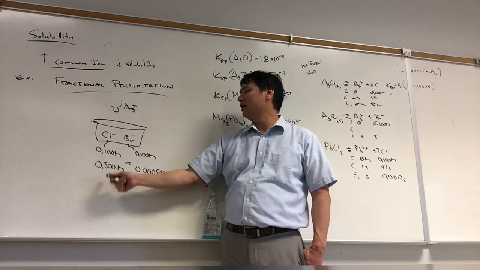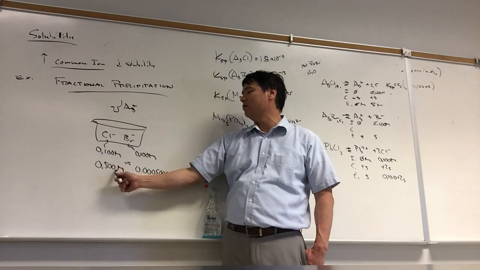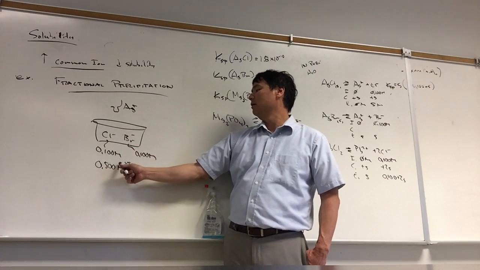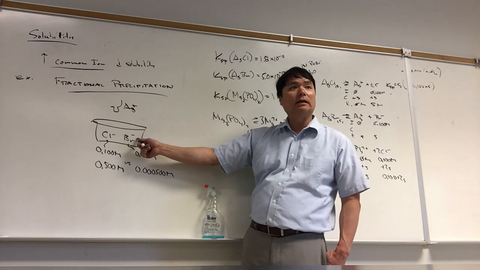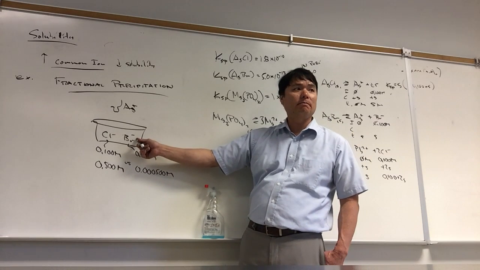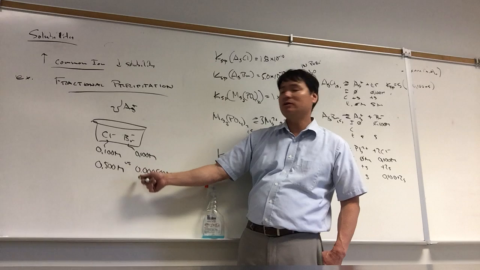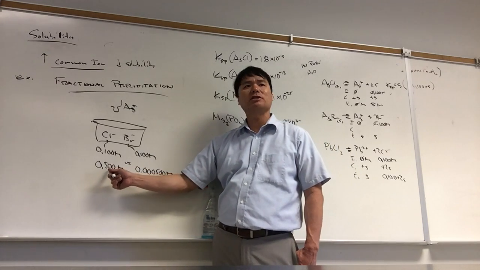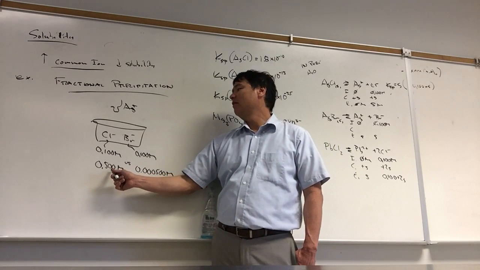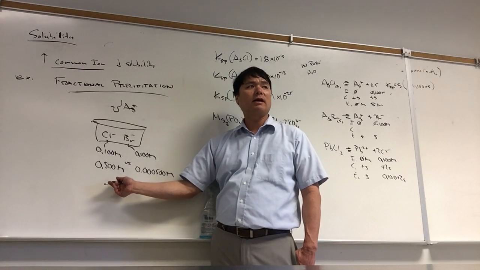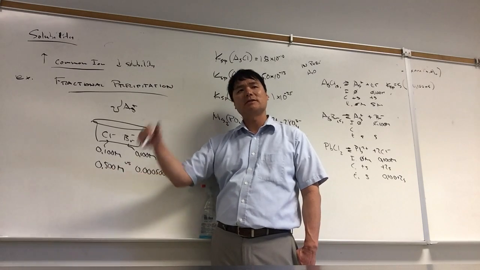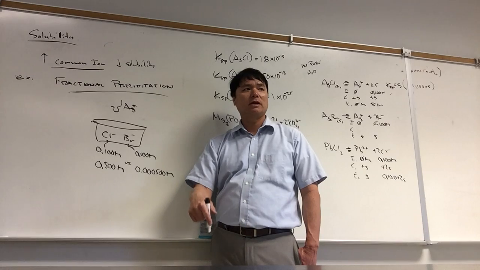But if I have 0.500 molar chloride versus 0.000500 molar bromide, which one is more soluble? Now that becomes a tricky question, because I have much more common ion for chloride than for bromide. If I have more common ion for chloride, its solubility goes down.